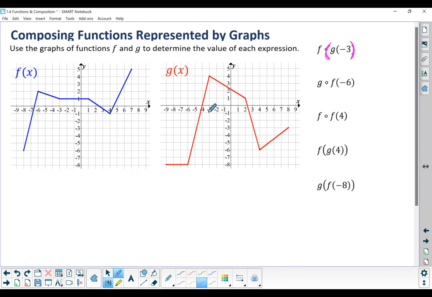Here's my input -3, and g has an output value of 4 for the input -3. And we want to apply function f to that 4. So function f is switching to the other graph. So f of 4 is right here. It's a y value of -1. So our answer to that first one is -1.